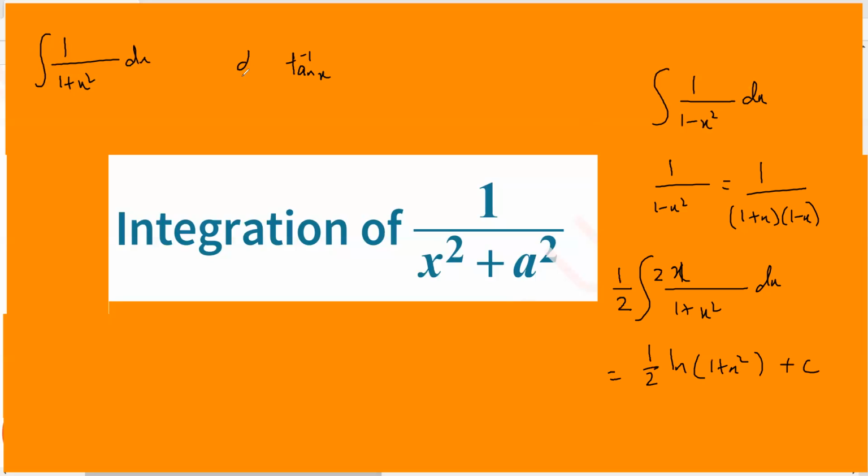Okay, you have just done that. The derivative of tan inverse of x is 1 over 1 plus x square. So this means that if you integrate 1 over 1 plus x square, this should be equal to tan inverse of x plus c.